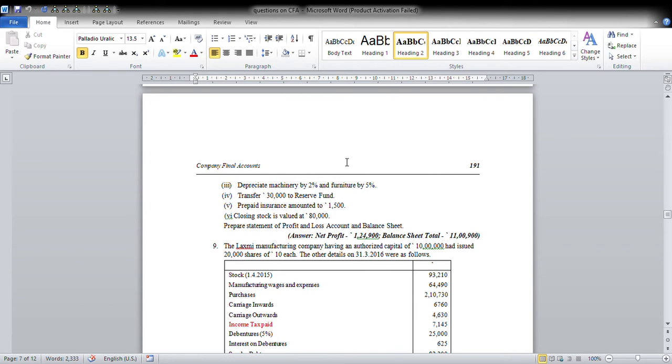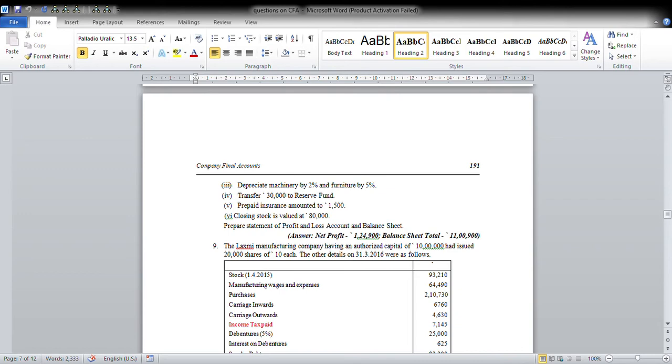So the total of these two is 1,51,900. Now coming to the rest of the adjustments.